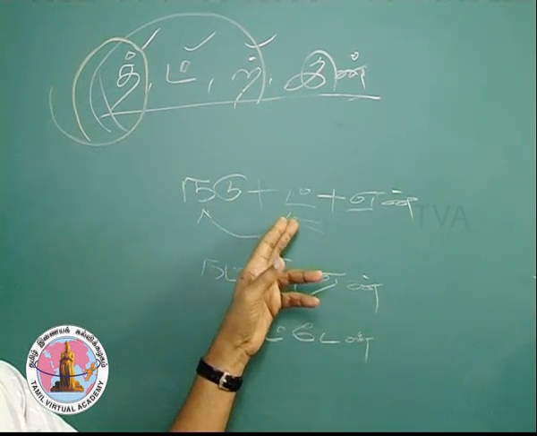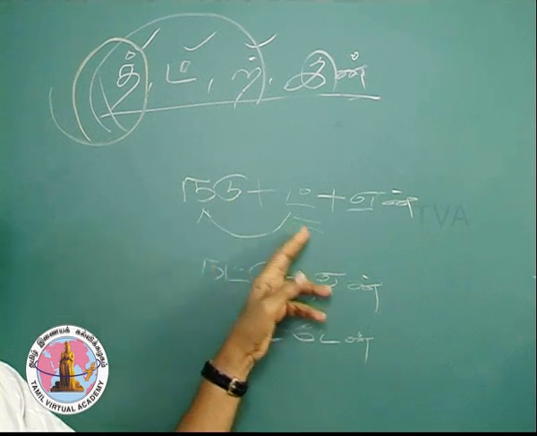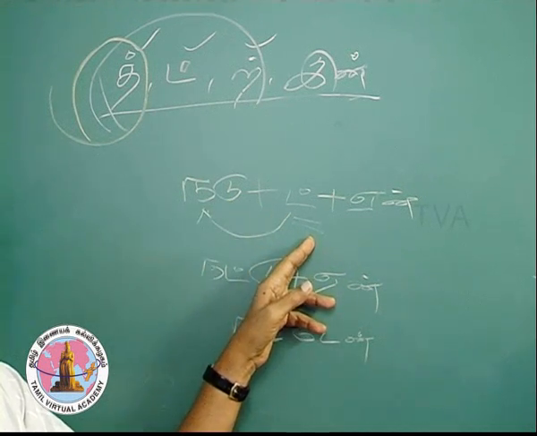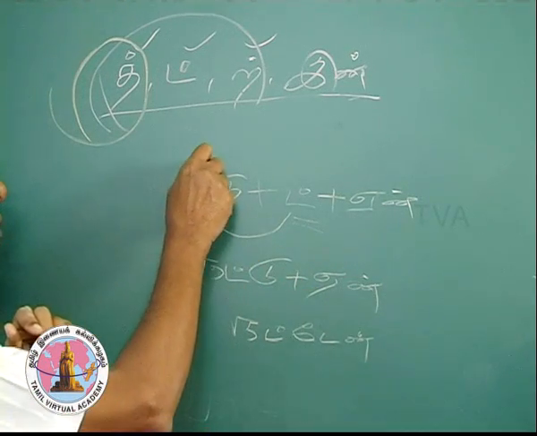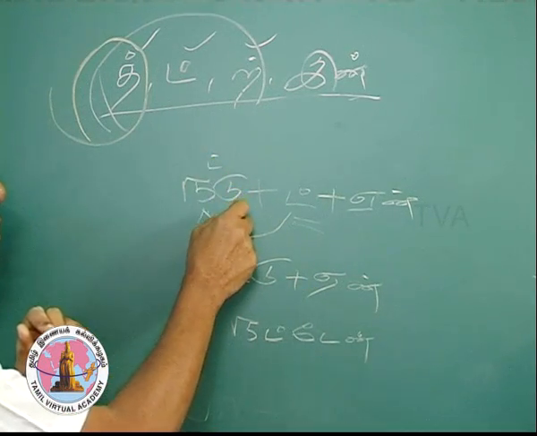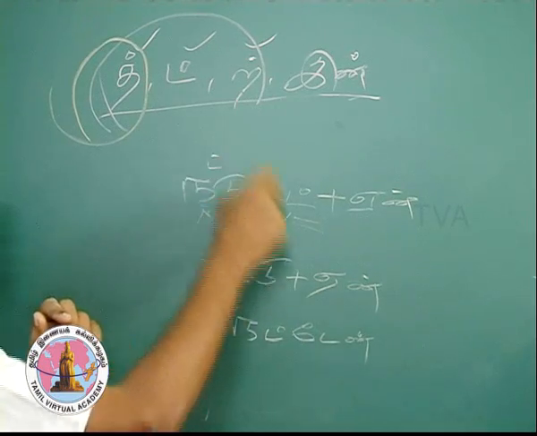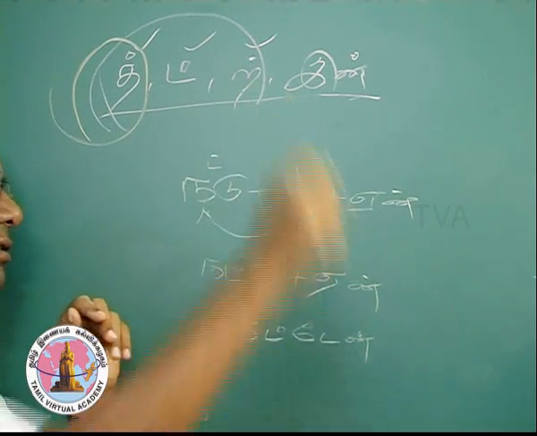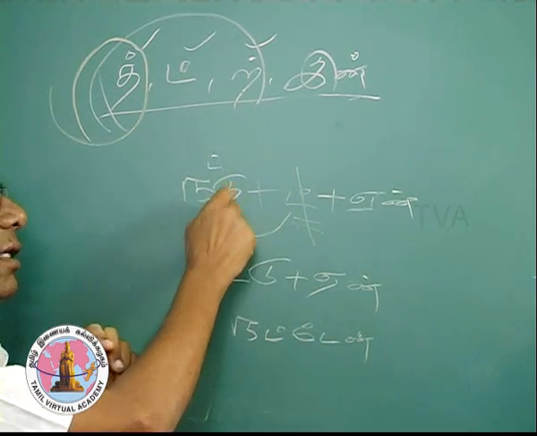Since the sound of these two letters happen to be same, this is doubled. You know, doubling means the same sound being repeated. This becomes "nattu," and you can forget this because this sound is here.